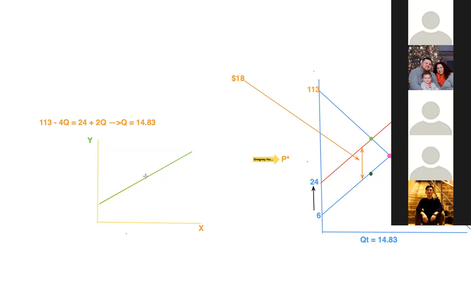Okay, here's a point on the diagram, right? And I say, okay, here's a value. Let's say X equals 10, right? Then if that point has X equal to 10, and I ask, well, what's the Y value?